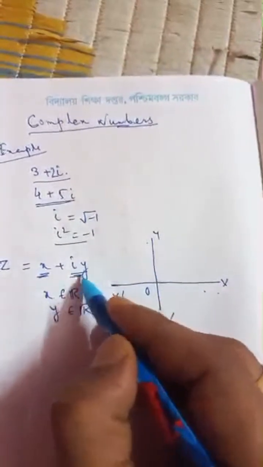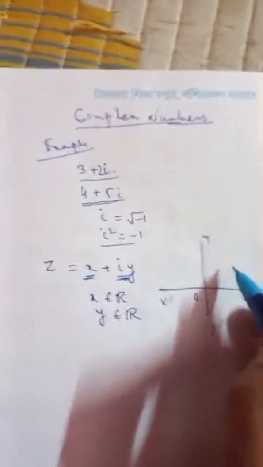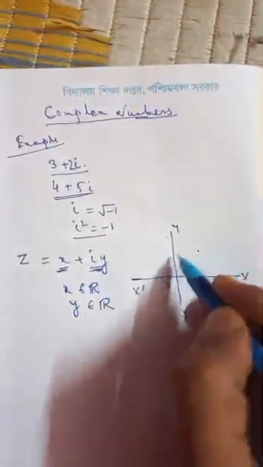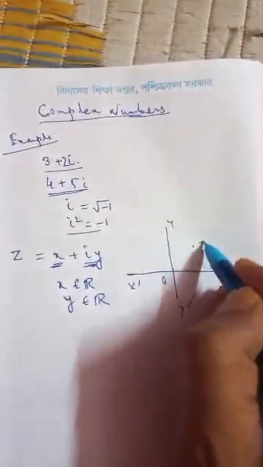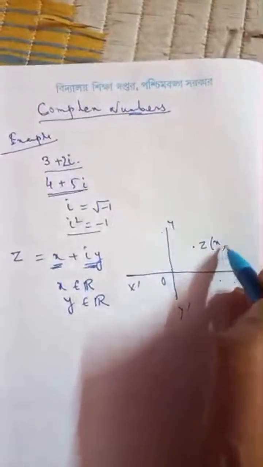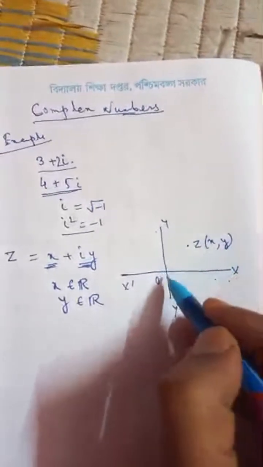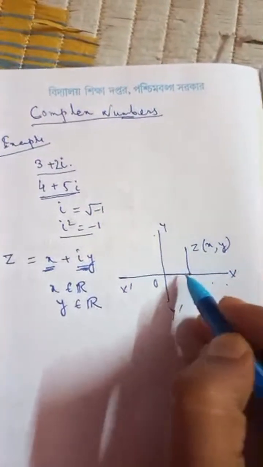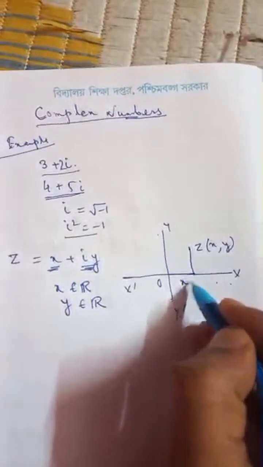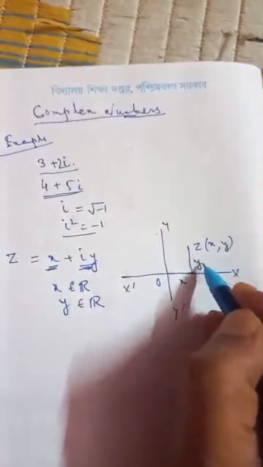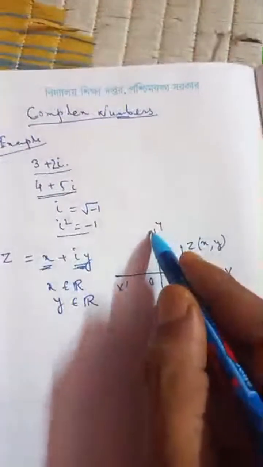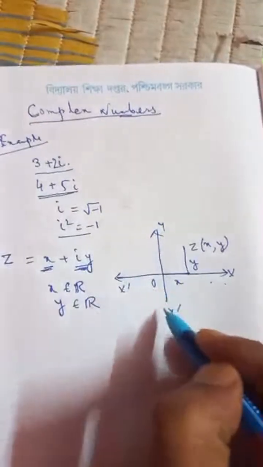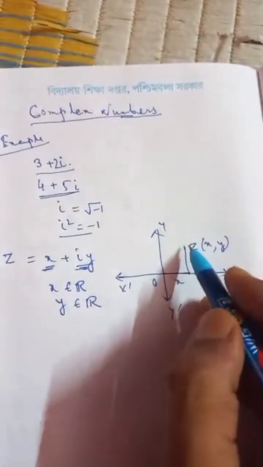If we wish to put this complex number z in the complex plane, then z will be at x, y. The abscissa is x and the ordinate is y. In this way we can represent any complex number.